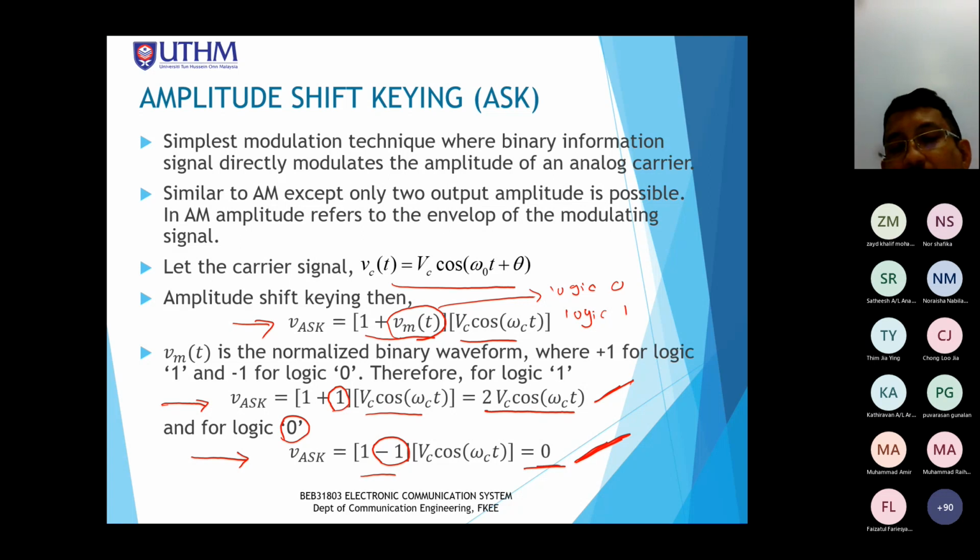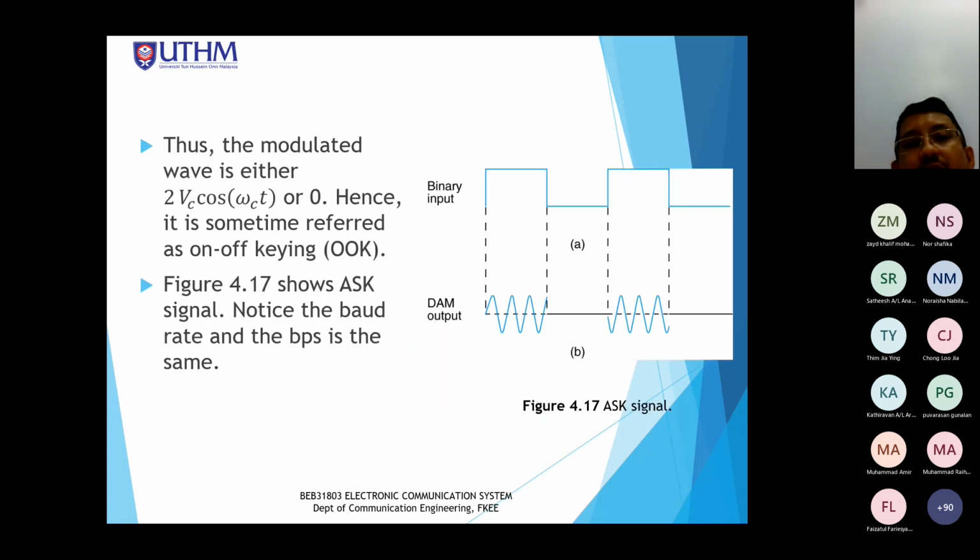For example, for the input logic 1 0 1 0, the output is 2 VC cos omega CT, and then 0, and then 2 VC cos omega CT, and then 0. So this is like switch on, switch off, switch on, switch off. That's why another name for ASK is on off keying, OOK.